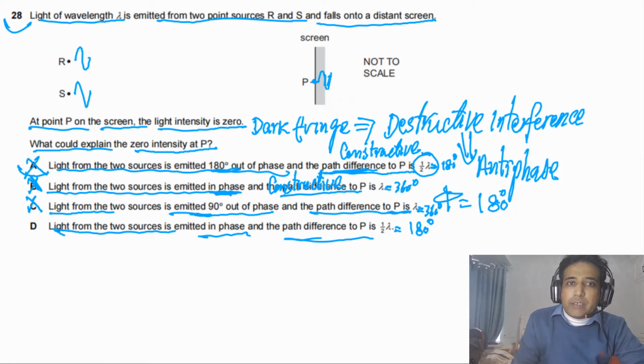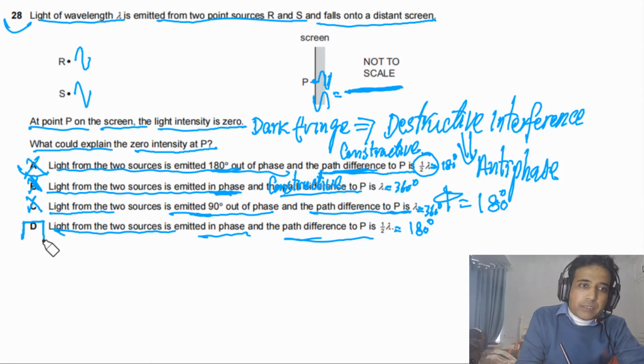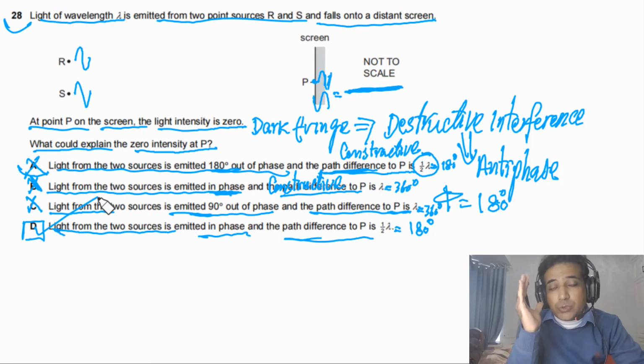At this point they will be 180 degrees out of phase. So in this case the resultant intensity will be equal to 0. So the answer for this question is D. So this is how you need to figure it out.